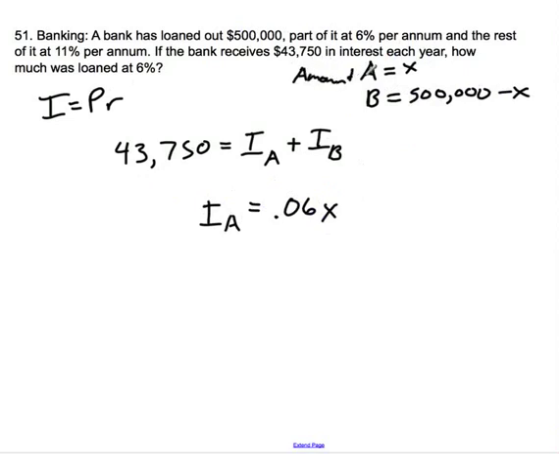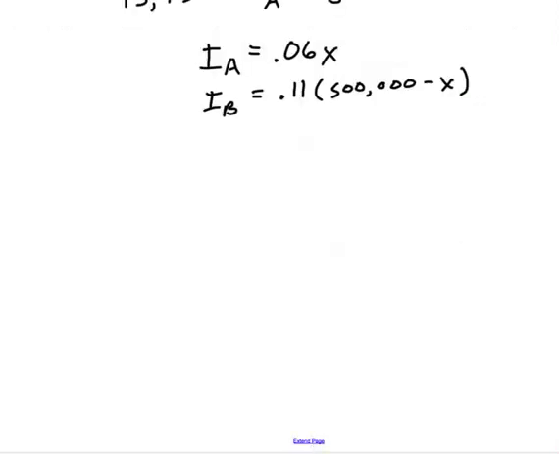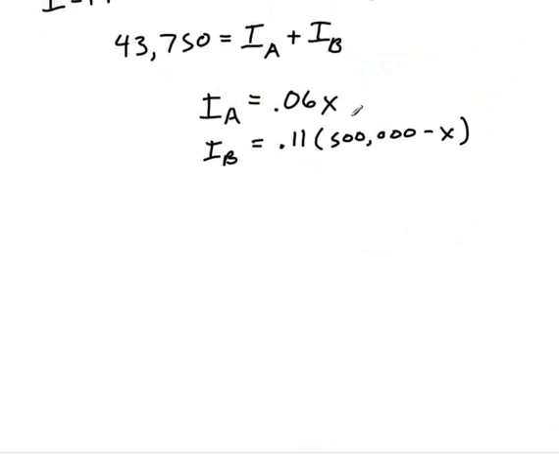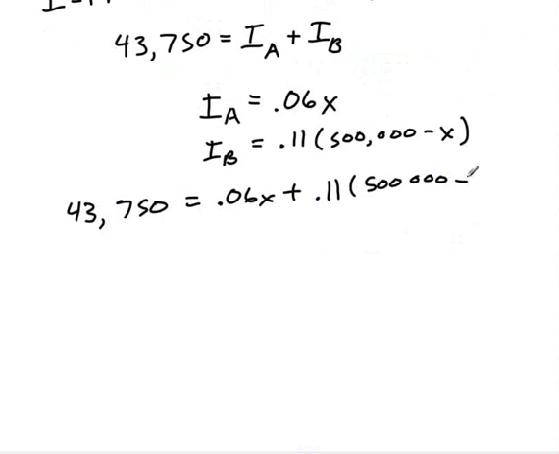The interest at B is going to be my rate, 0.11, times the amount I'm going to be loaning at B, so 500,000 minus X. If I put these two things together, 43,750 is going to be 0.06x plus the interest at B, which is 0.11 times 500,000 minus x.